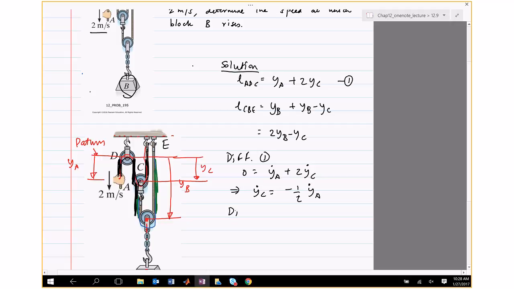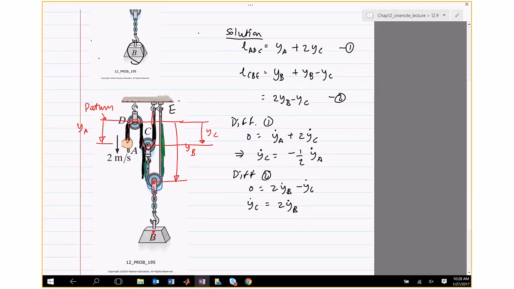And then differentiate 2. 0 equals 2yb dot minus yc dot. So yc dot is twice yb dot. Okay, so the last step is put 3 in 4 or 4 in 3 to get 2yb dot equals minus half ya dot.